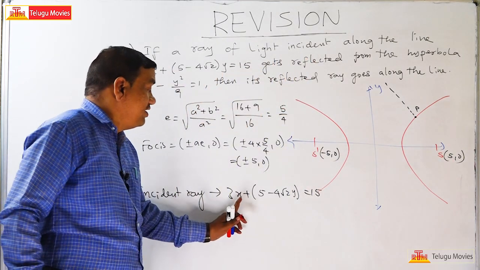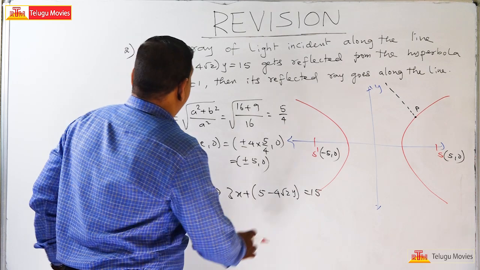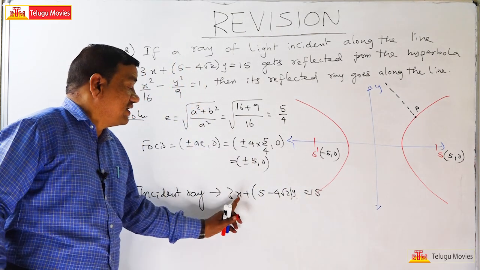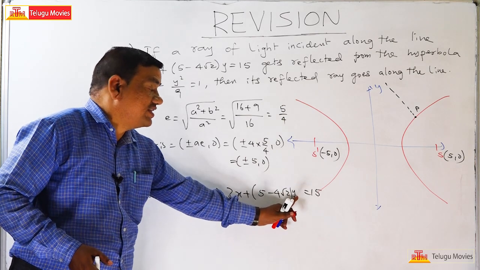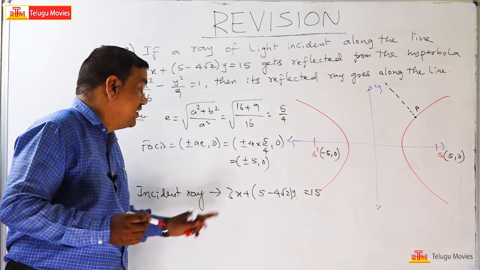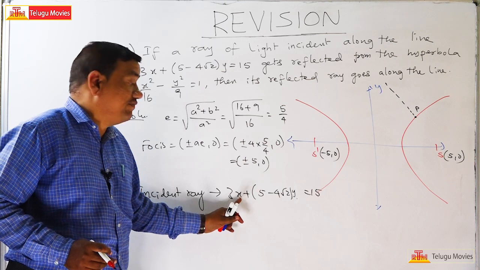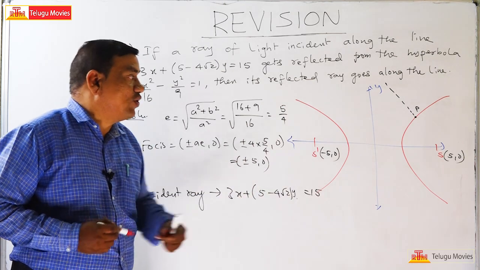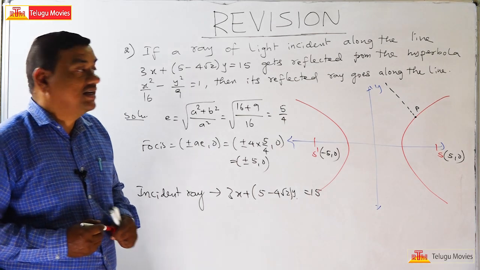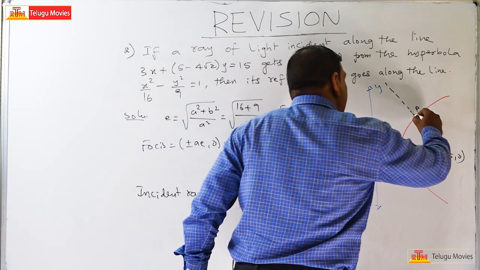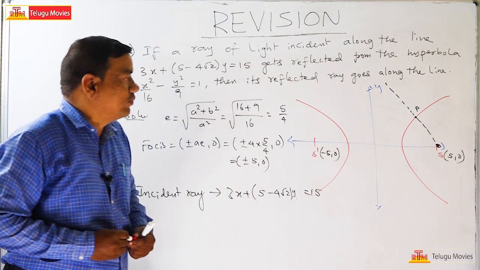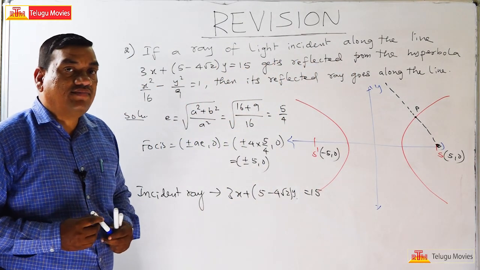Substitute here in place of x, substitute 5, in place of y, substitute 0. So what you will get? 3 into 5, 15, plus 0, 15 is equal to 15. That means the incident ray passes through one of the foci, 5 comma 0.